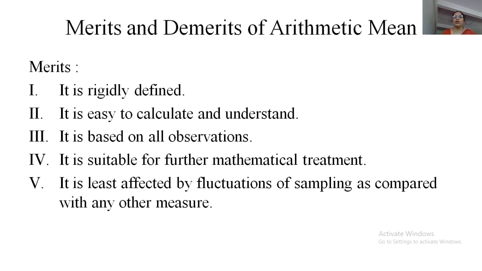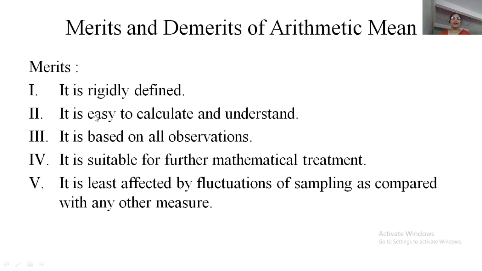Further, we can have trimmed mean and weighted mean. So we have several types of averages. For a particular situation, when you are using some special type of average, you must know the merits and demerits of all the averages, so that for a particular situation you will use the correct mean.